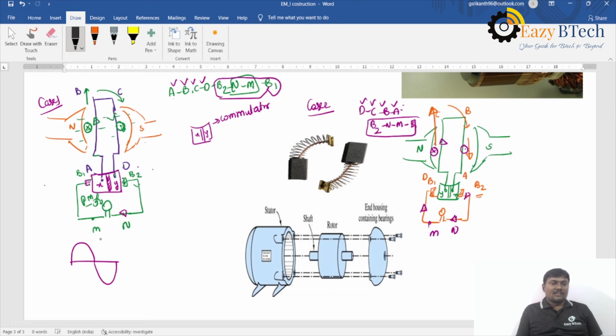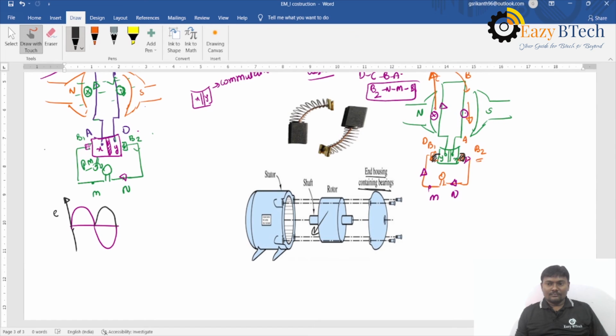The current direction will be from N to M. In case 1 it is N to M, and in case 2 it is also N to M. That means the negative half of the cycle is converted into the positive half of the cycle. So the commutator acts as a mechanical rotating rectifier.